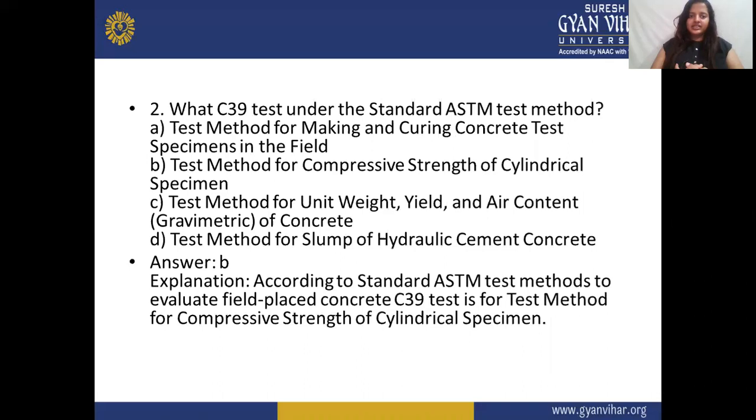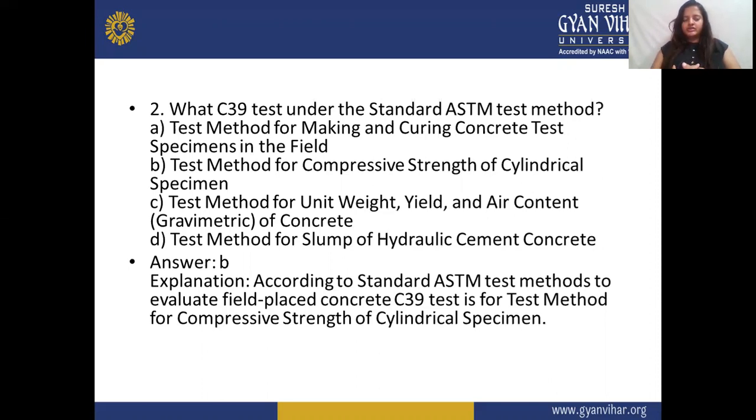What is the C39 test under the standard ASTM method? The first option is test method for making and curing concrete test specimen in the field. Second, test method for compressive strength of cylindrical specimen. Third, test method for unit weight, yield and air content, gravimetric of concrete.